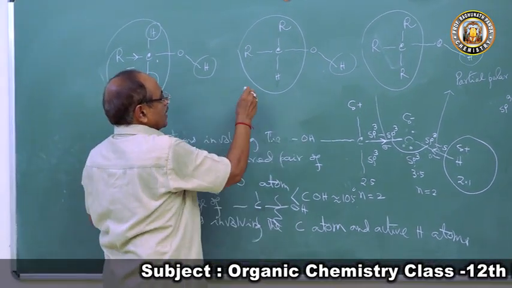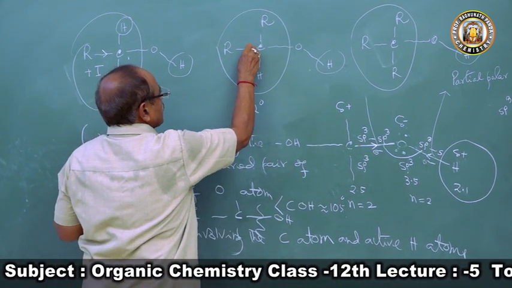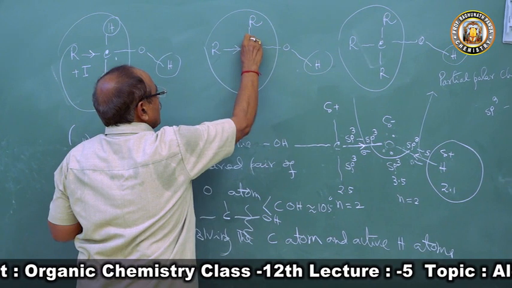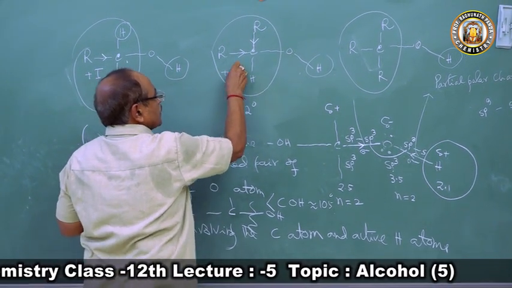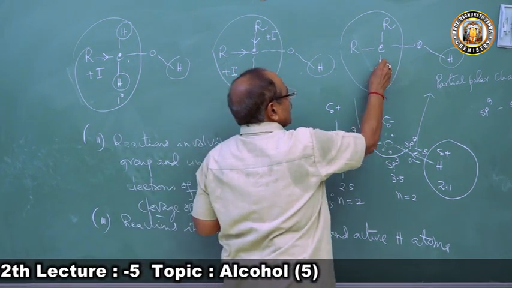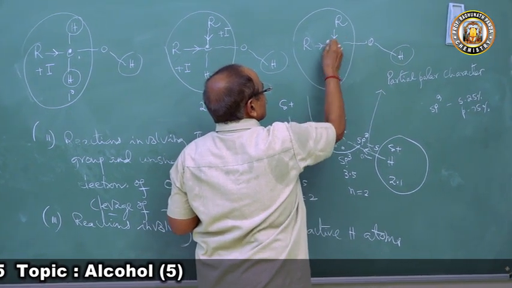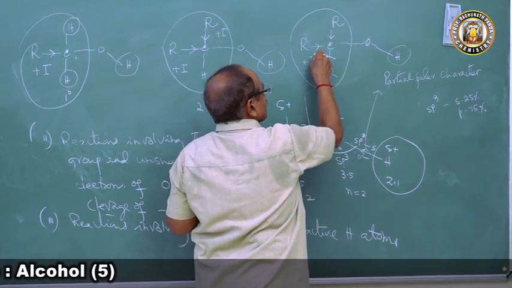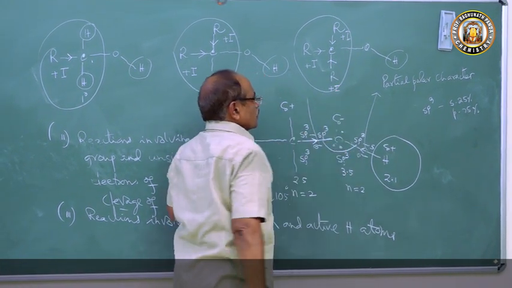In secondary alcohol, the 2-degree alcohol, there are two alkyl groups, so there will be a +I effect due to each. And in tertiary, there are three alkyl groups, so a +I effect due to each of the three.